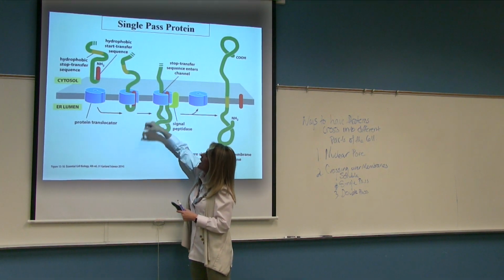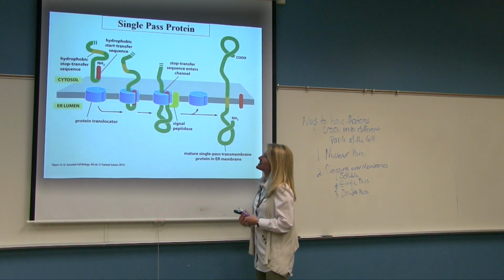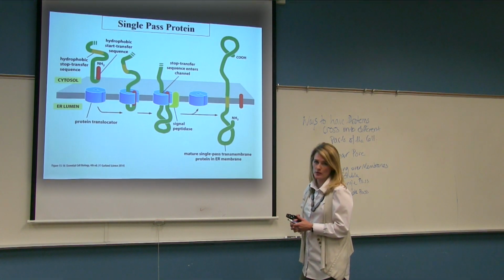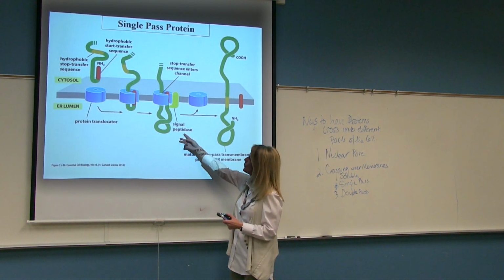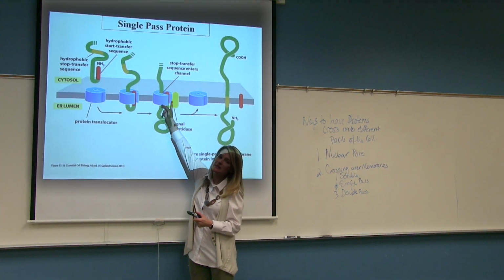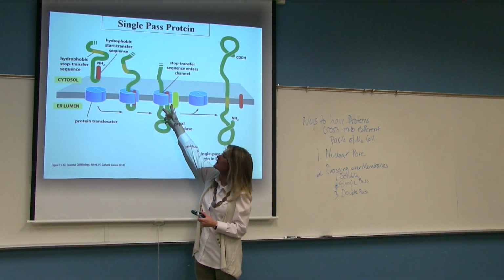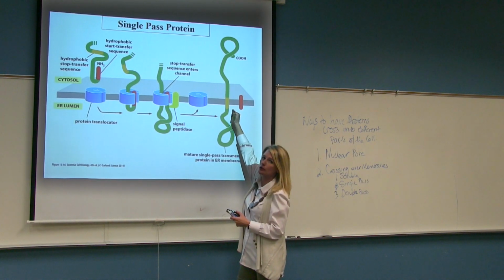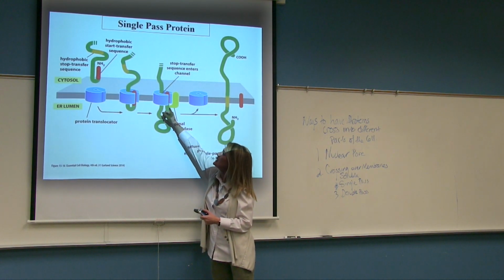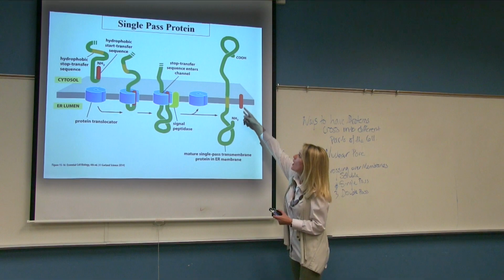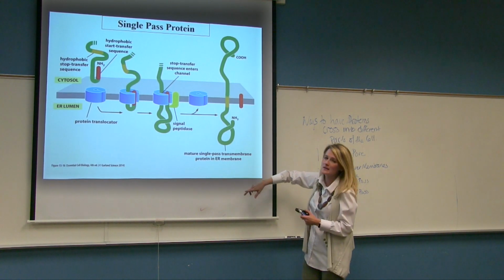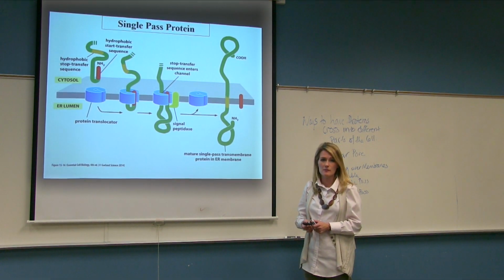And as that hydrophobic stop transfer sequence enters into the protein translocator, our signal peptidase receives that information, cleaves off the N-terminus molecule, and cleaves off the rest of the protein. The protein officially unwinds, and now we have a single pass in the membrane.